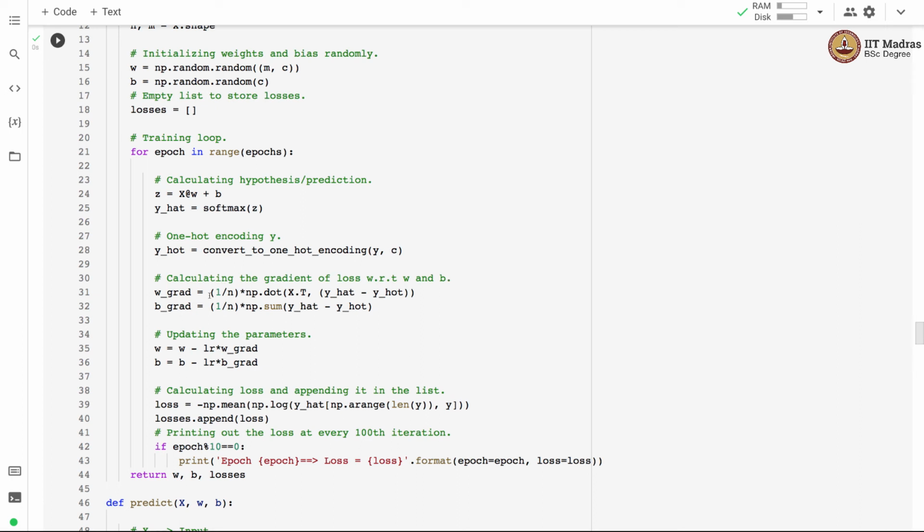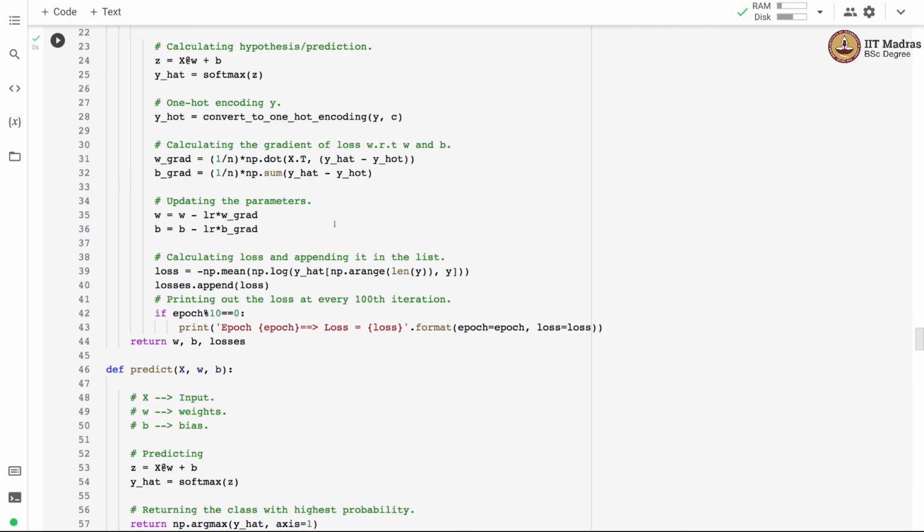So here we have made one small change from what we have seen in the derivation. We simply multiply the partial derivatives by 1 over n, where n is the total number of examples, and then we update the parameters according to the update rule that we have seen.